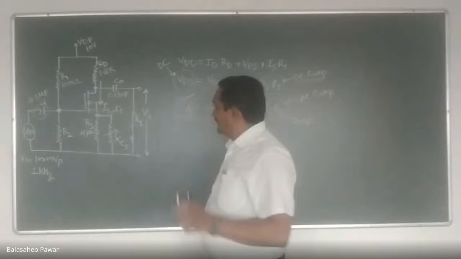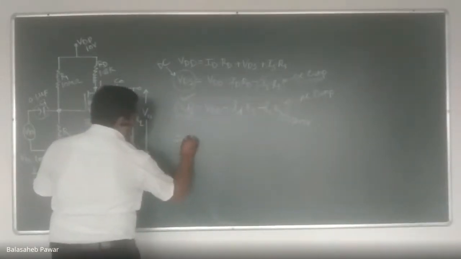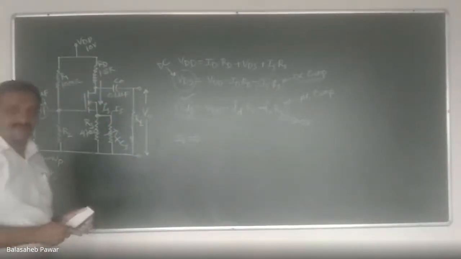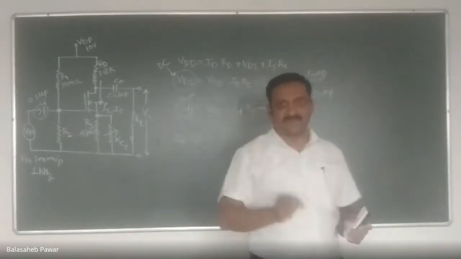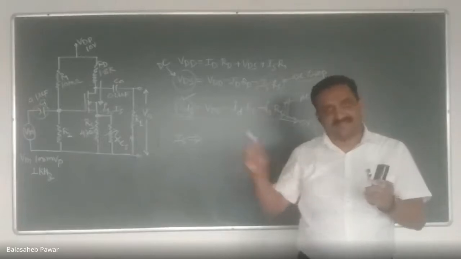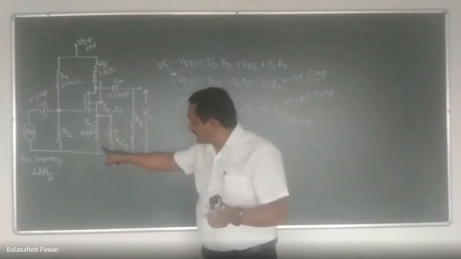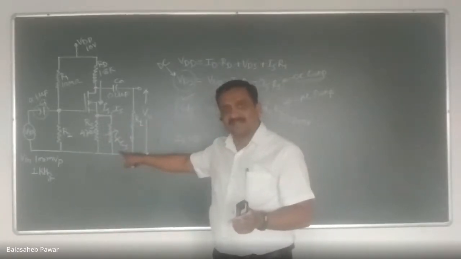Now, if I consider the first component, that is capital Is, the DC source current, which path will that DC current follow? Again, it has both options: either it will flow through Rs or it will flow through the capacitor.